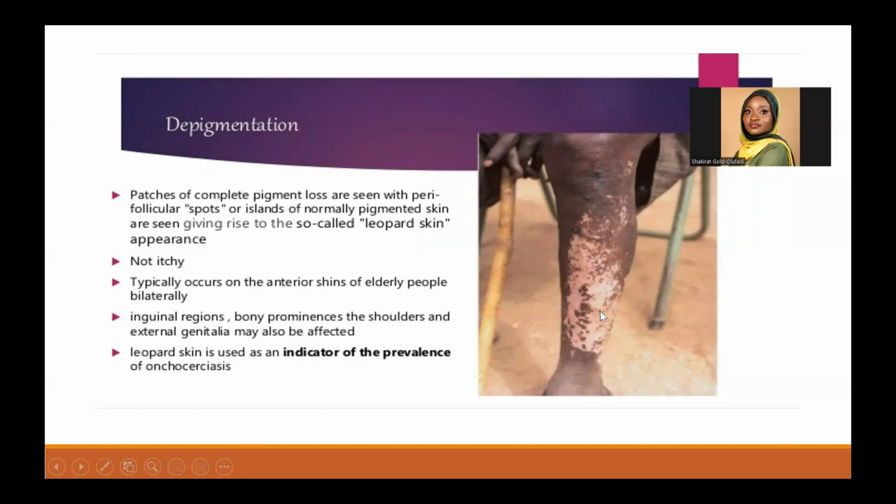And this is not usually itchy because it's a long-standing complication. In some communities, this is used as an indicator of prevalence of onchocerciasis. So in some rural areas, if you see a lot of elderly or middle-aged people with this discoloration of their legs, you want to think that this is an area where onchocerciasis is quite prevalent.